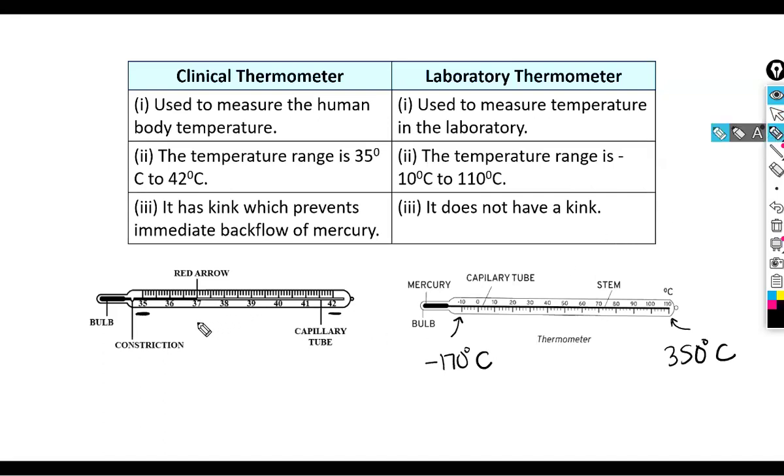Also, think about it like this. When a doctor is measuring your temperature, he will usually put the thermometer underneath your arm. He will leave it there for about a minute. The reason is that these thermometers take a little while to rise.